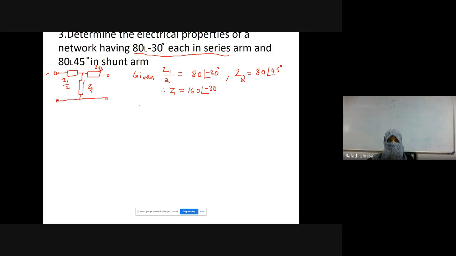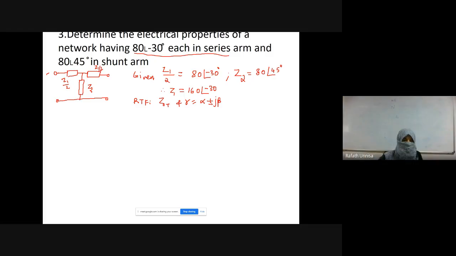So now, the electrical properties we are supposed to find are ZOT and the propagation constant gamma. Okay, the propagation constant gamma, which in turn comprises two components, alpha plus or minus j beta it could be.